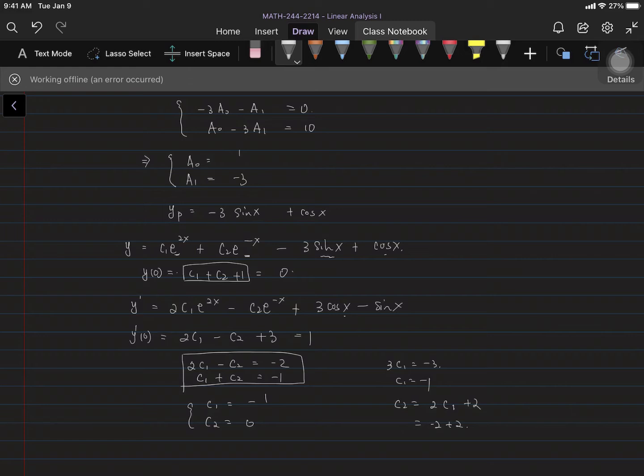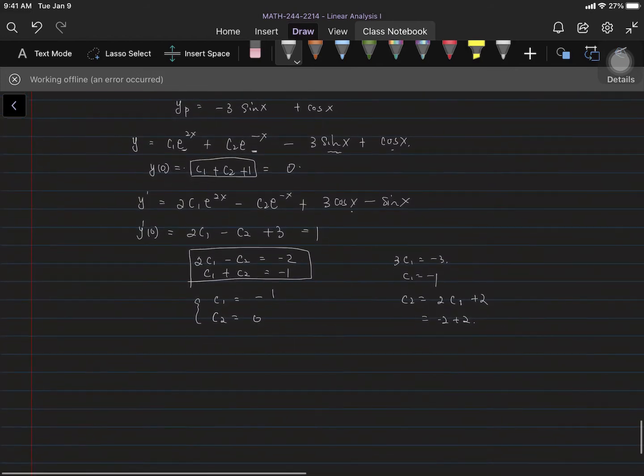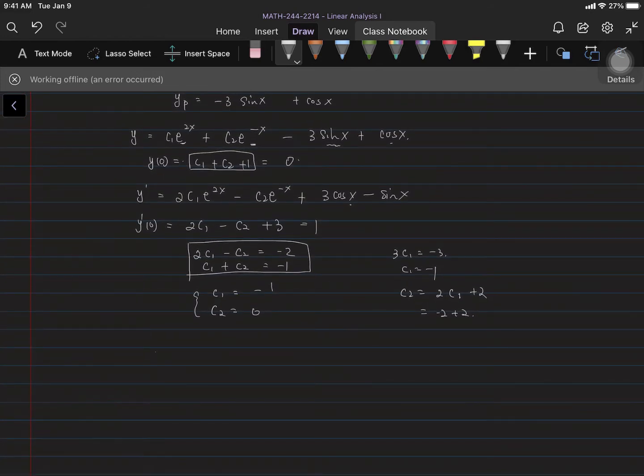Is that correct? Negative 1, yeah. Okay, so the solution that satisfies the initial condition should be C1 e negative 2x, and C2 is 0. So the solution just be like this.